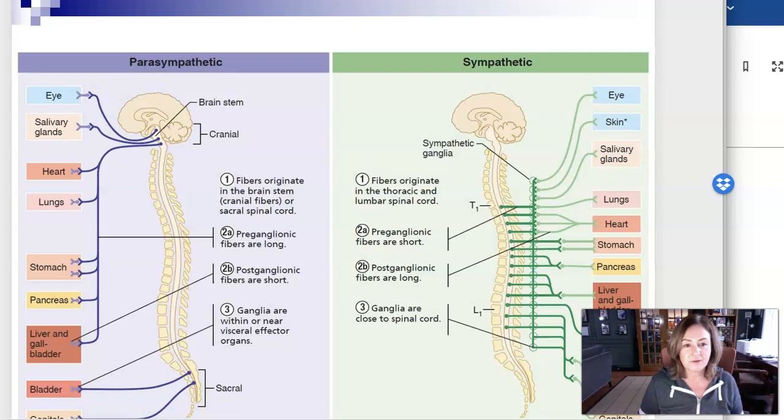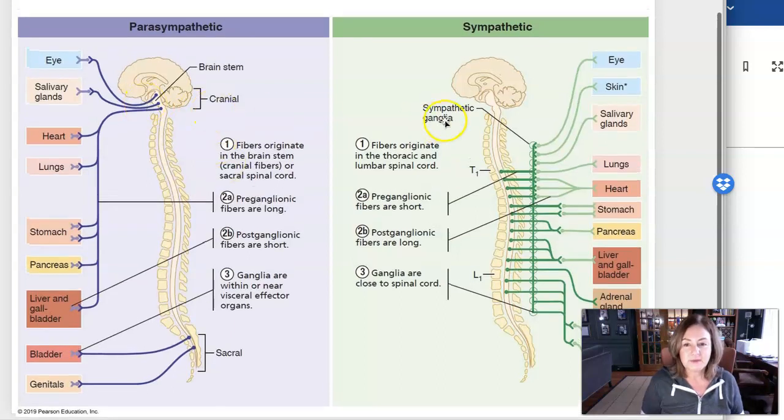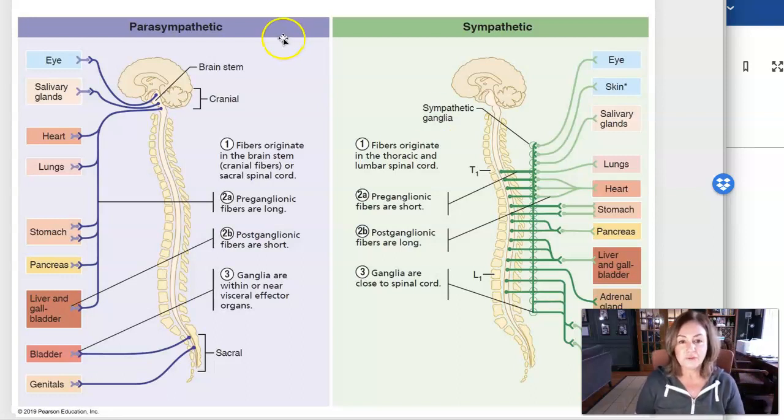So I'm going to take a look at another picture from our book. Here what they're doing is they're comparing parasympathetic to sympathetic. So those are the two divisions of the autonomic nervous system. So taking a quick look at this side-by-side comparison, when I look at the effectors that are innervated by the parasympathetic division, the eye, salivary glands, heart, lungs, etc. I won't read down the list.